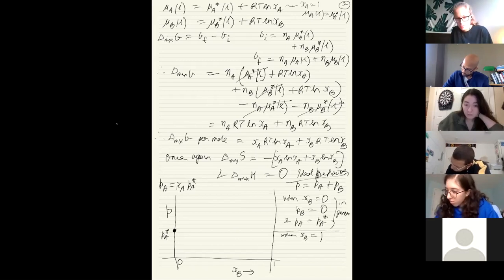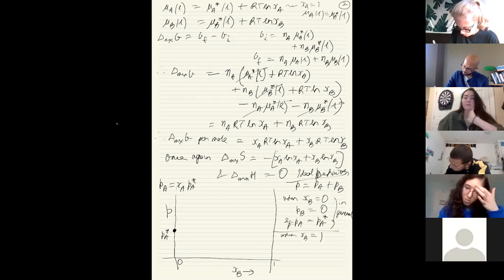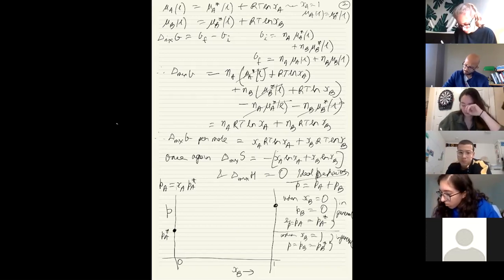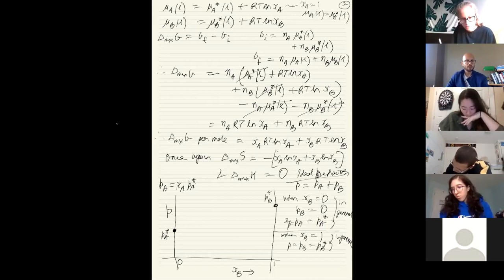In general, when XA is equal to 1, P is equal to PA is equal to PA star. When XB is equal to 1, P is equal to PB is equal to PB star. Again, in general. And let's say PB star is higher than PA star. It could have been lower. I just put it higher, okay?